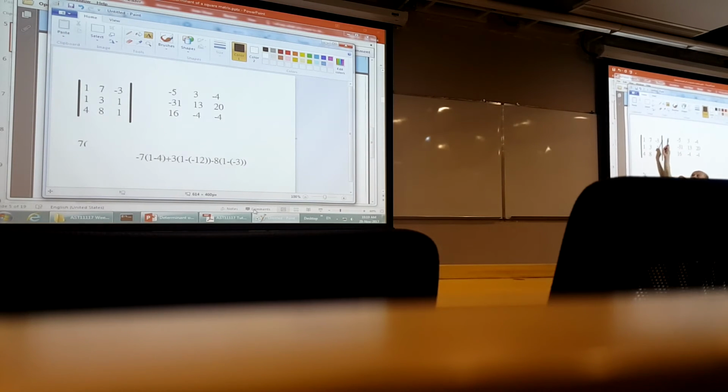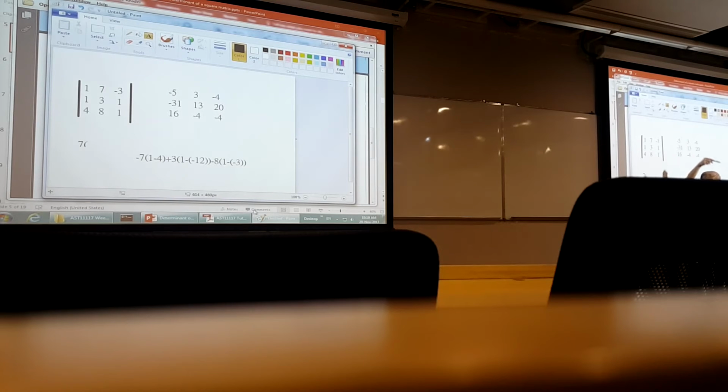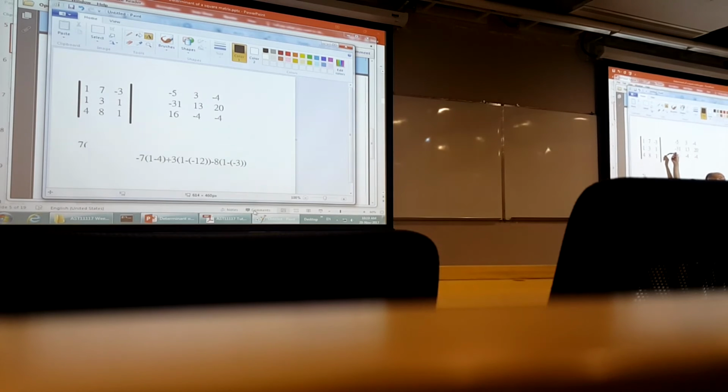You choose any row or any column, the dot product of the original row or column with the cofactor row or column, then you will get the determinant. We demonstrated here for the 3 columns and the 3 rows. In each of the 6 trials, we get 28. Okay?